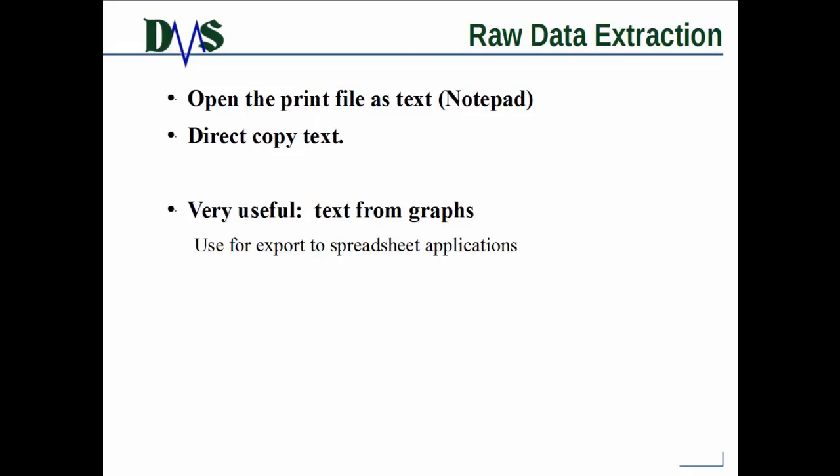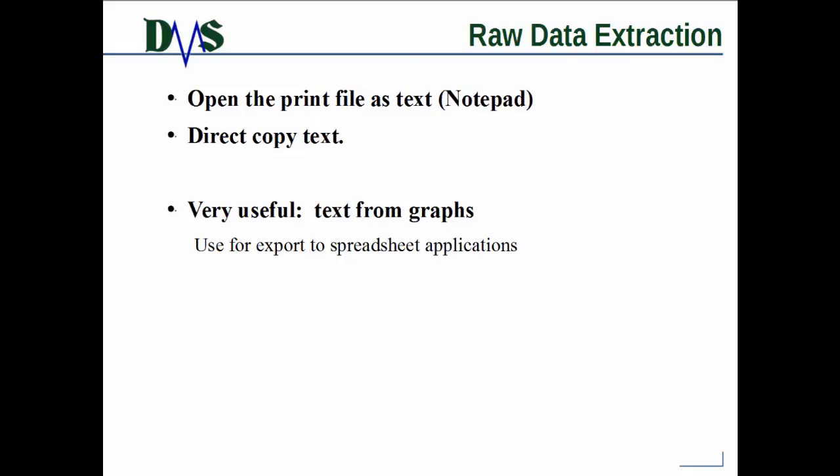Remember I mentioned that at the core, reports are just plain text files. So you can actually open the file as text, use Notepad or whatever other text editor you prefer. And then using that application, you can select the text itself, copy it out, and paste it into Excel.